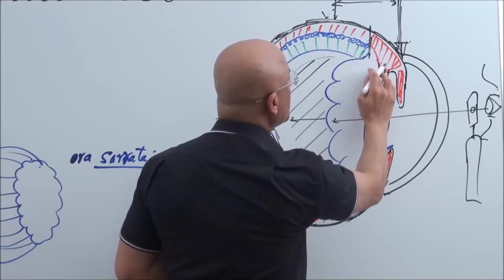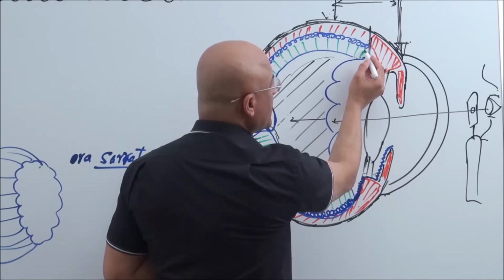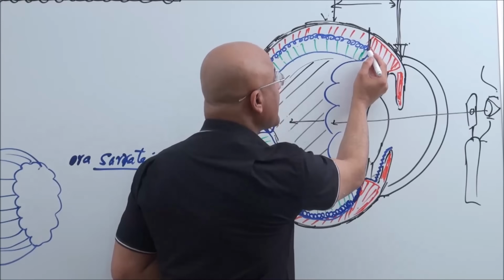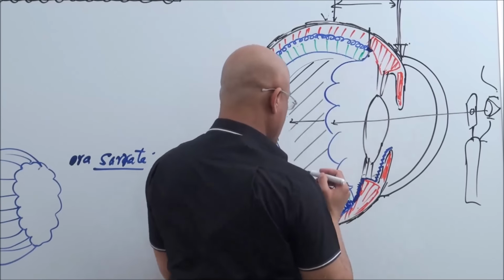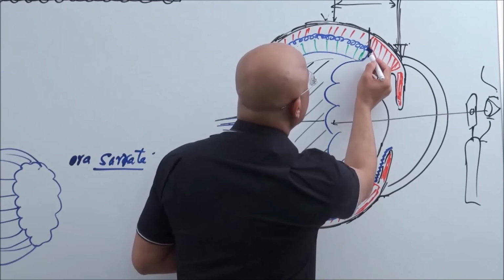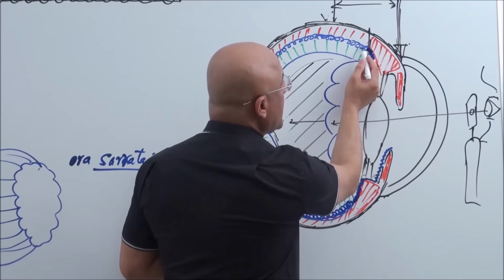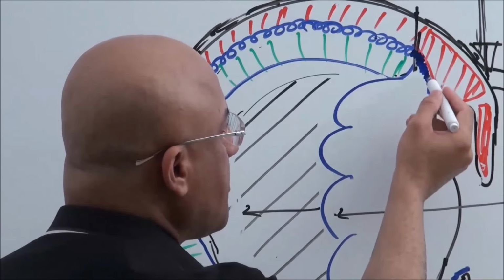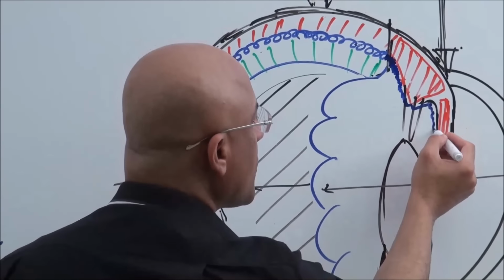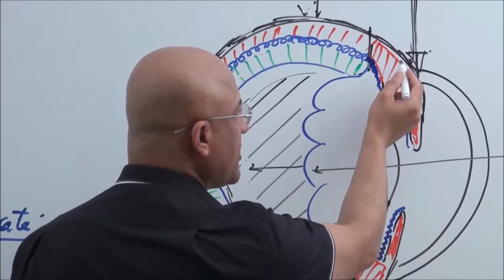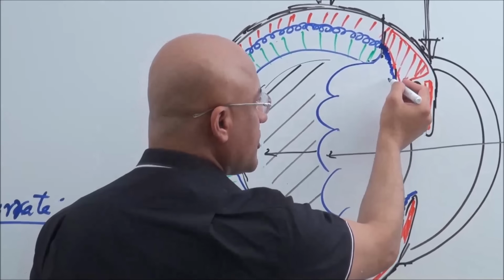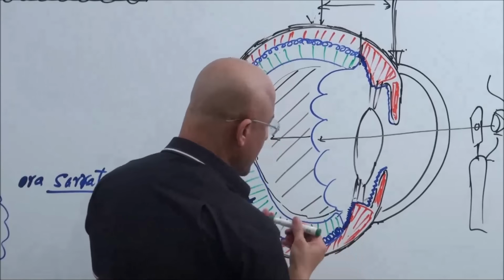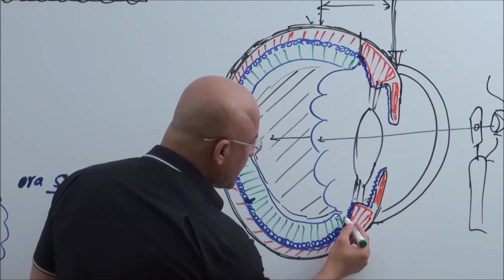Here also, even though the light-sensitive part of the retina terminates, the retinal pigment epithelium continues anteriorly with the epithelial lining of the ciliary body and iris. And not only the pigment layer, even the neuronal layer continues over it as a very thin layer.